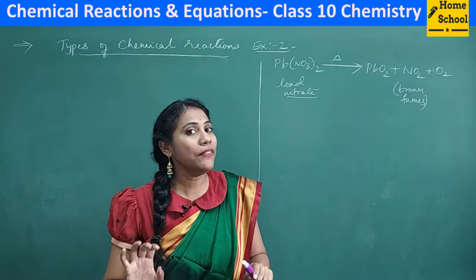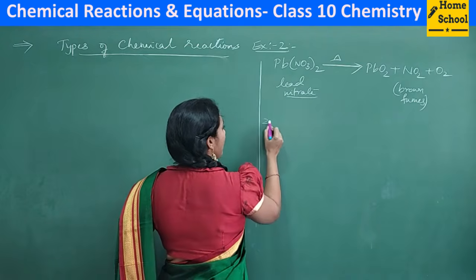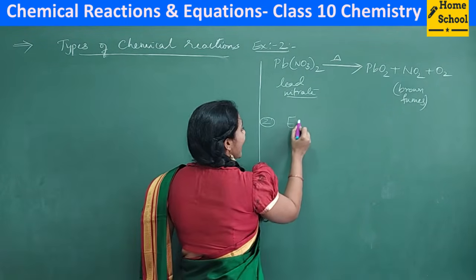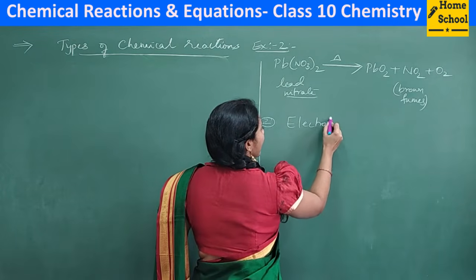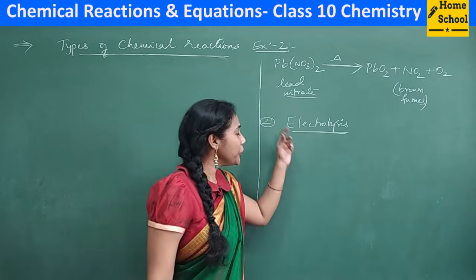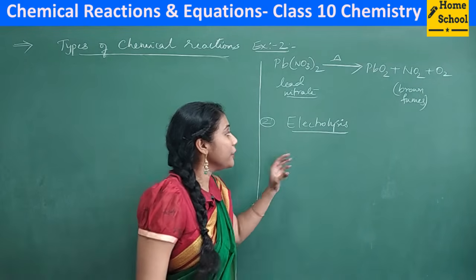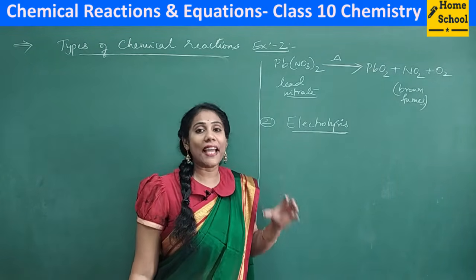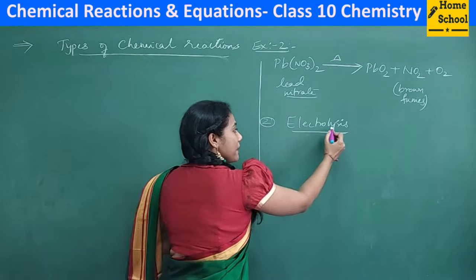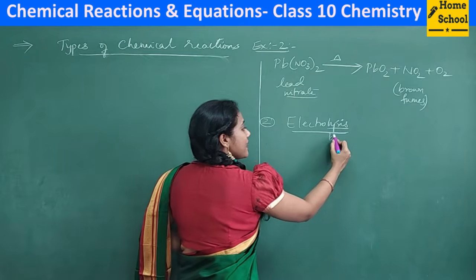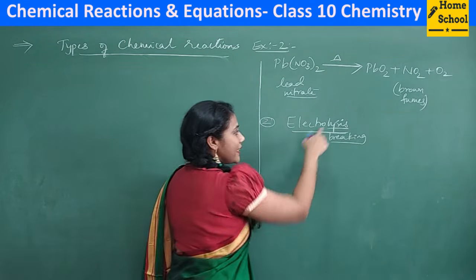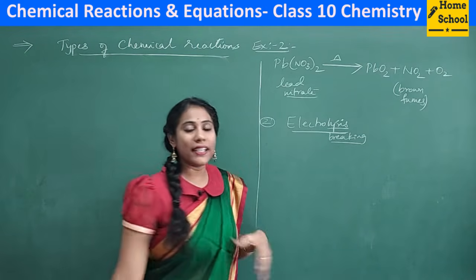Okay, so now we will go for the second type of decomposition reaction, which is called electrolysis. The name itself tells us that using electricity, we are breaking the substance. What is the meaning of the word lysis? Lysis means breaking. Electro is what? Electricity.